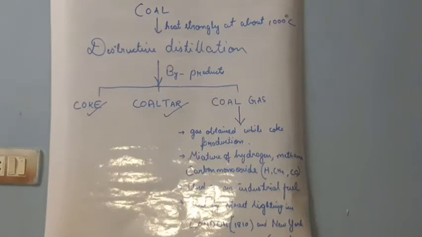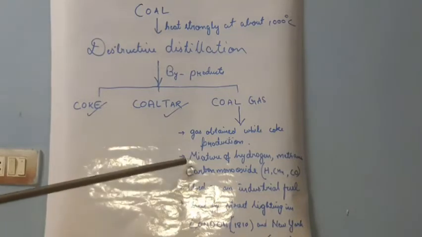And the outlet which was going out from the conical flask was showing the arrow towards coal gas. Means when we heat coal, then firstly the coke is formed. After coke, coal tar is formed, and later on from the outlet, coal gas is formed. That is the gas which is obtained while coke production during destructive distillation of coal, that is known as coal gas.